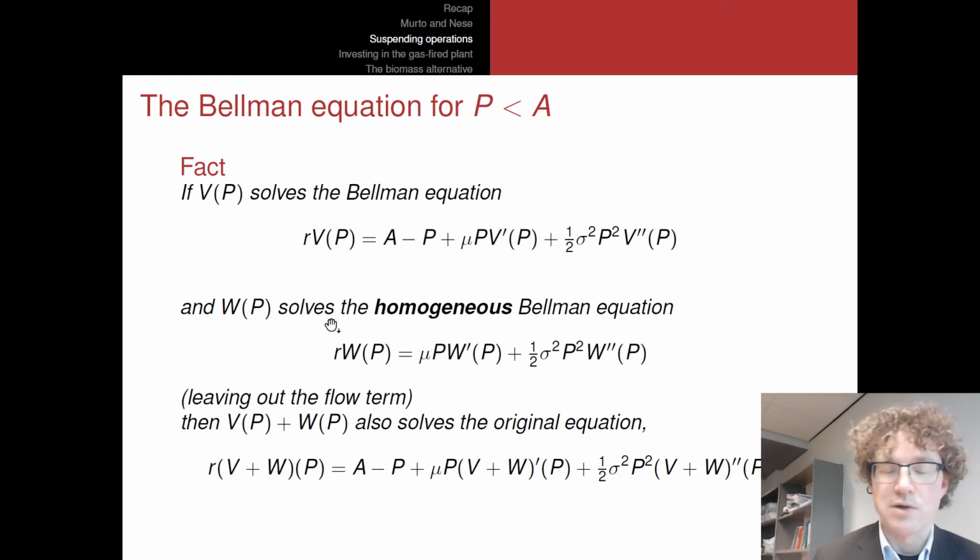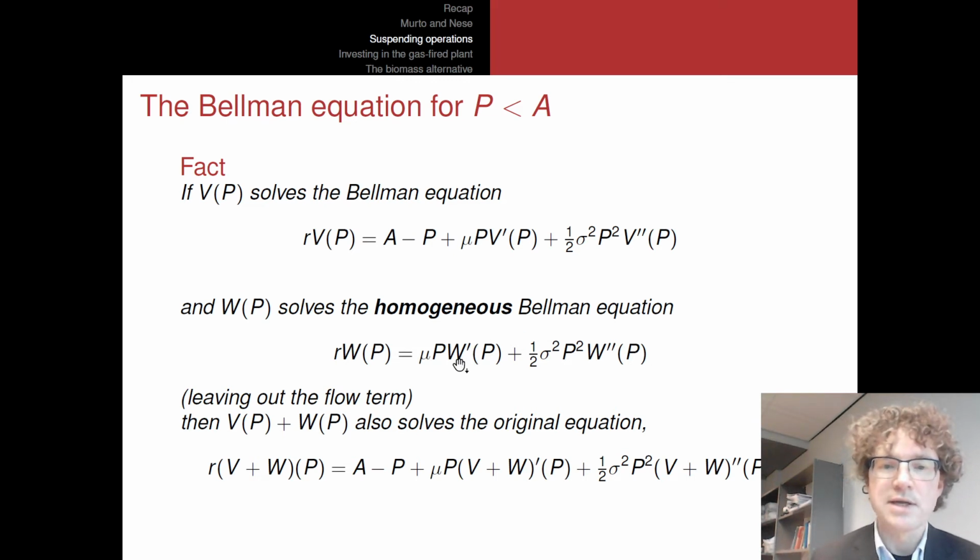That homogeneous Bellman equation is an equation that we know, because it is the waiting equation. And we actually know the most general solution to that, because it's the sum of these power functions. So we have the most general solution to the homogeneous Bellman equation.